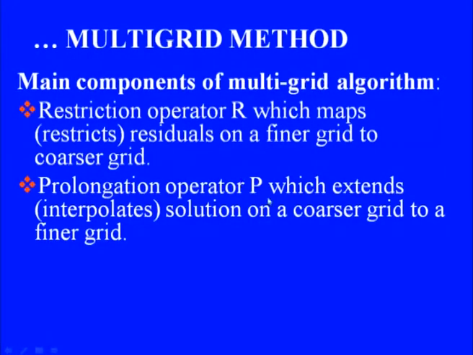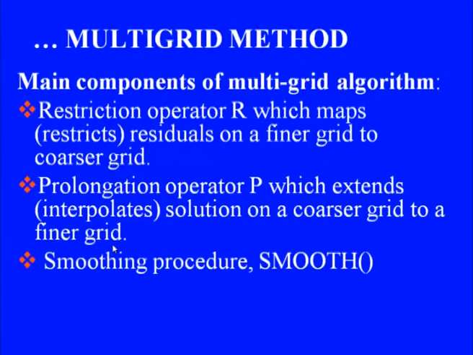So we need what we call the prolongation operator, which we will denote by the symbol capital P, which extends or interpolates the solution on a coarser grid to a finer grid. And then we talked about a relaxation scheme or smoothing procedure. Let us say we will symbolically denote it by the term smooth within parentheses, where we will provide it with a certain set of arguments.